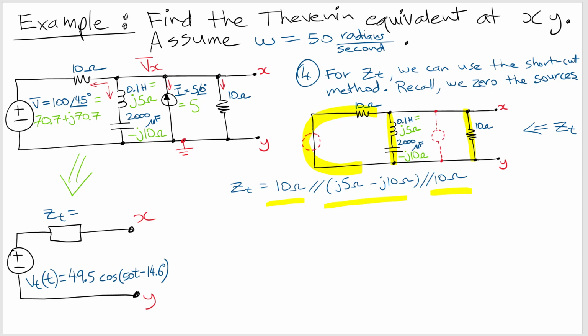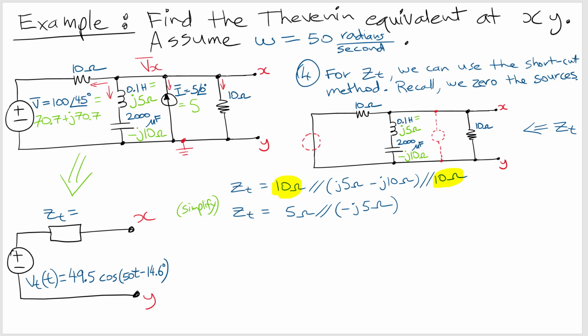So then let's simplify this. I notice that the 10 ohms is in parallel with the 10 ohms, and I know whenever we have resistors or impedances that are the same value in parallel, we just divide by the number of those elements that are the same value in parallel. So we have 2 resistors, so we just divide by 2. So it's a little bit of a shortcut.